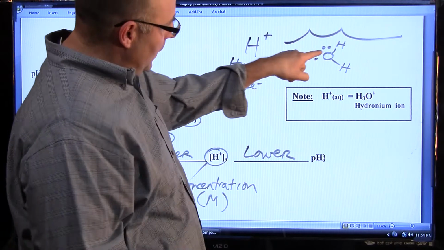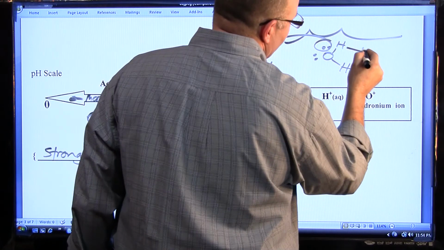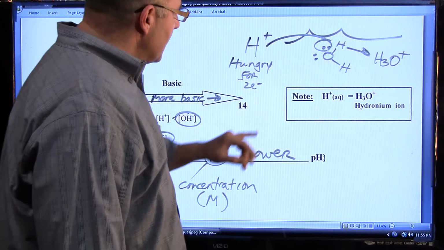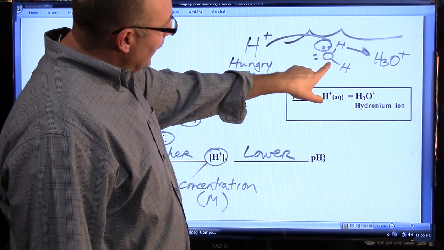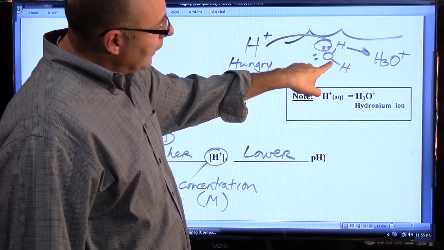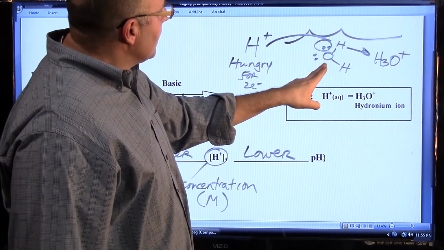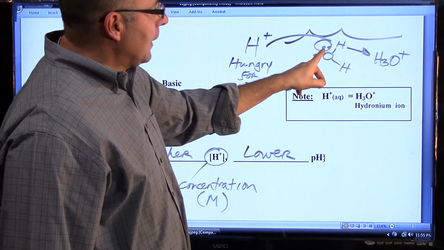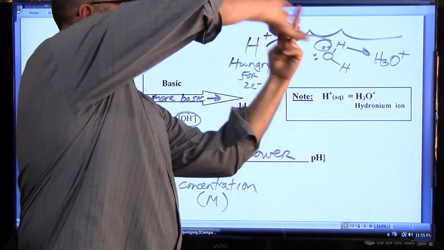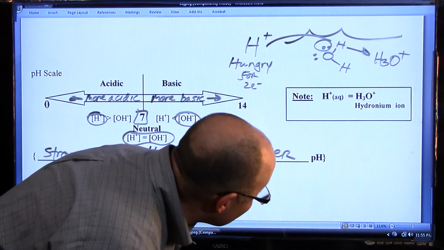It would instantly latch on to the 2 electrons that are here, and you'll end up forming the H3O plus, the hydronium ion. That's an interesting kind of bond here because unlike the other oxygen-hydrogen bonds in which the oxygen is providing 1 electron and the hydrogen is providing 1 electron, so they're sharing, here the oxygen is coordinating the bond. It's providing both electrons to be shared, so you can think of it as the hydrogen latching onto those electrons, and as a result we form this polyatomic ion, the hydronium ion.